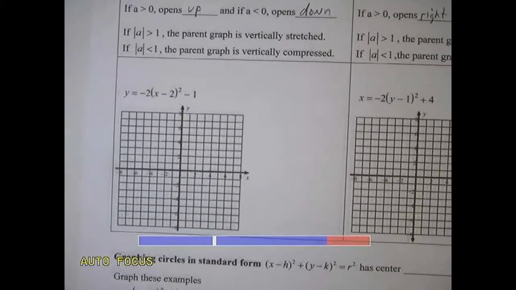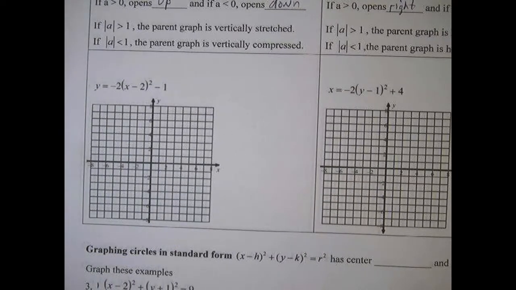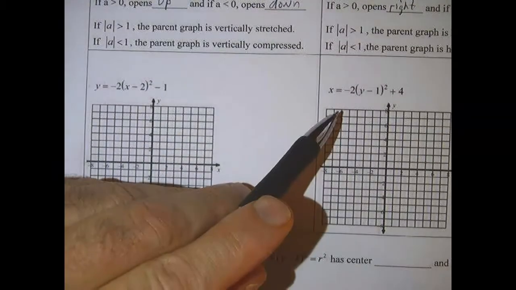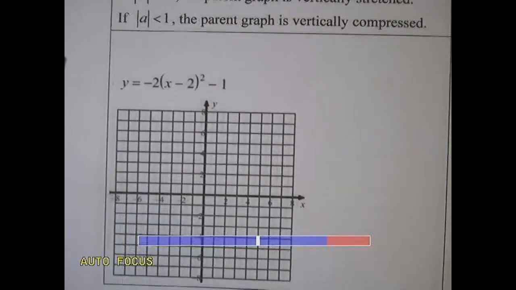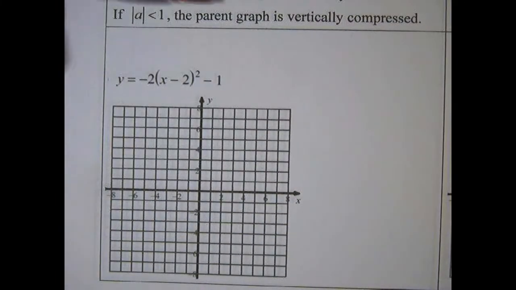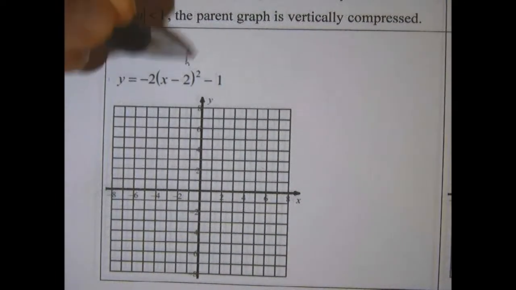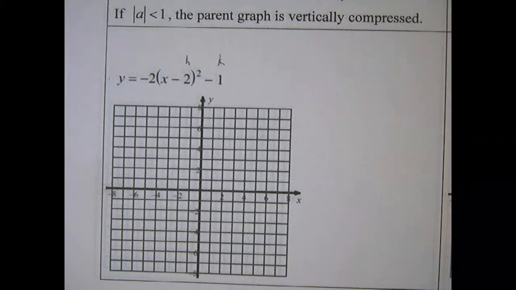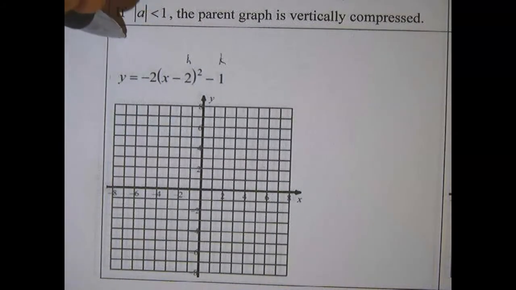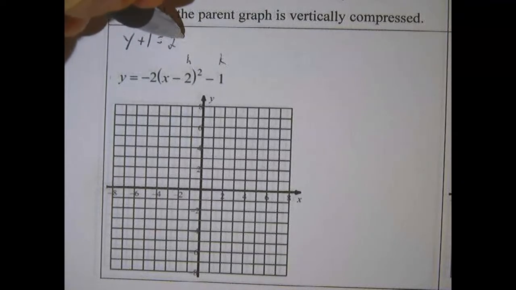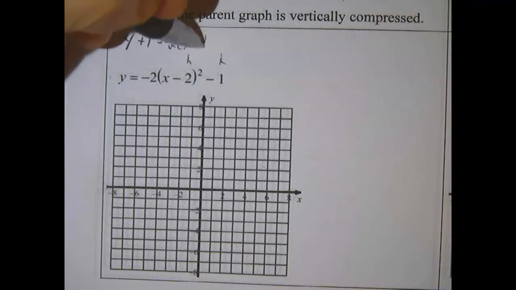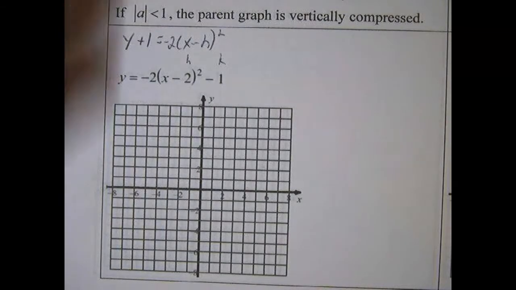That's the focus. So here are two parabolas. One of them is a vertical parabola and the other is horizontal. Let's graph the vertical parabola first using the tools we just talked about. We notice that h goes with the x, k goes with the y, and we would write this as y plus 1 equals negative 2 times x minus 2, to be consistent with our formula.